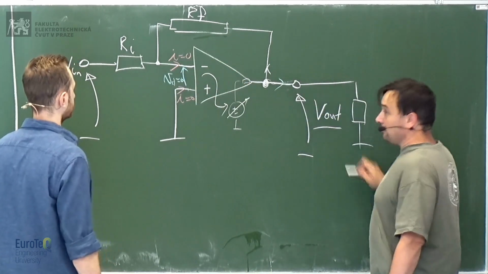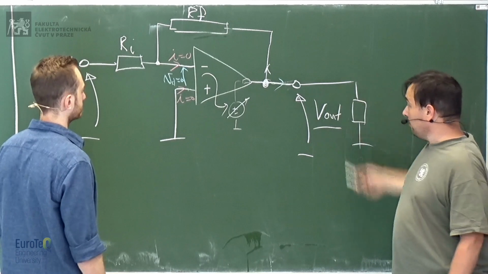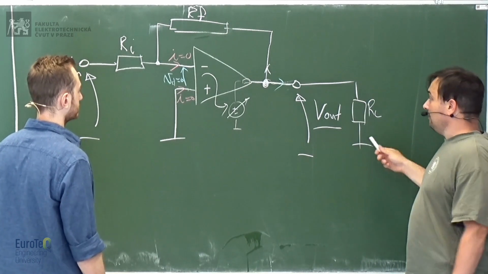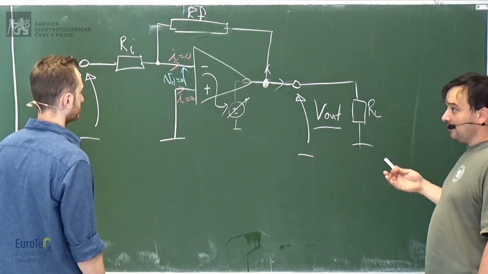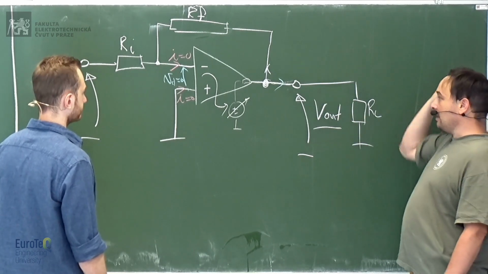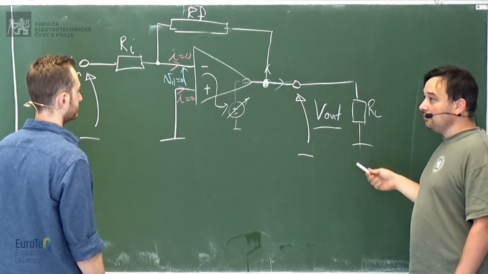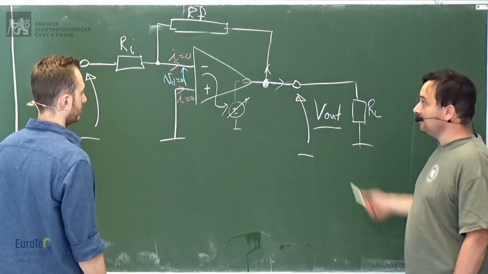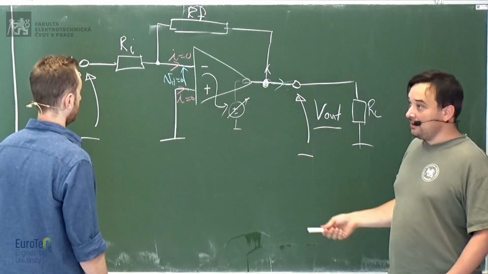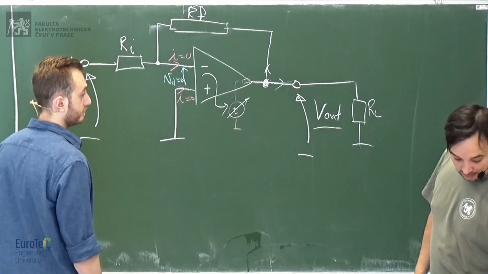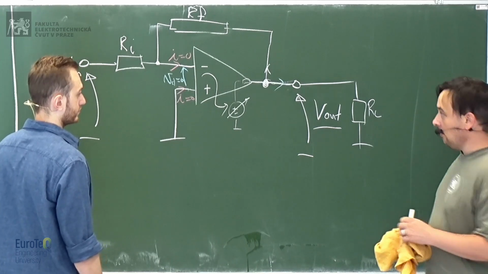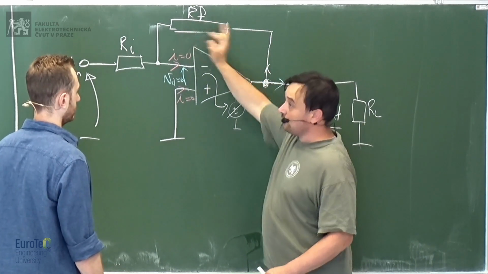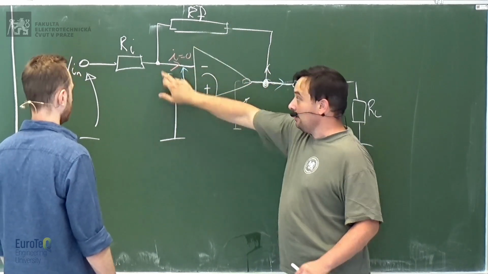And it will be able to provide also the output current for the load. It's not always like that. Operational amplifiers have some maximum current they provide. So if you put a load which is too much, it will absorb too much current, and then it will not be able to work properly anymore. The effective gain will be reduced because there's no current that can produce the voltage drop here to have this potential equal to this one.